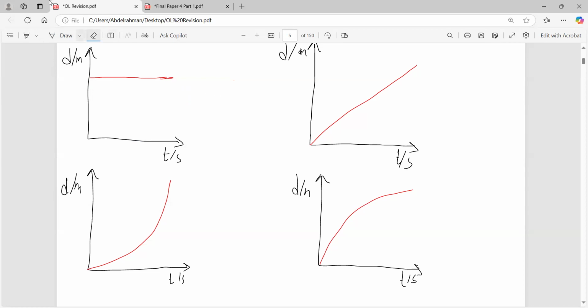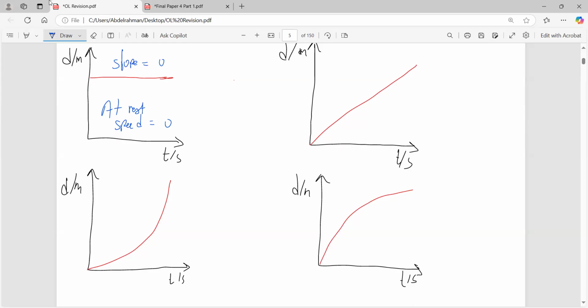How do I know that the speed is zero from the graph? Because the slope is zero. What does slope is zero mean? It's a horizontal line. Whenever you have a horizontal line, the slope is always zero.